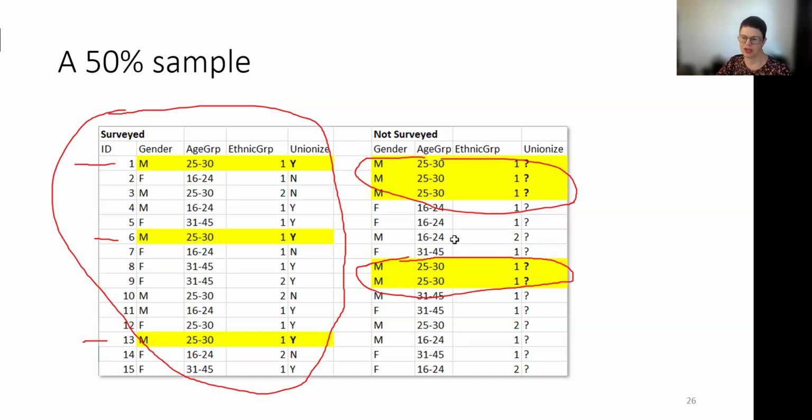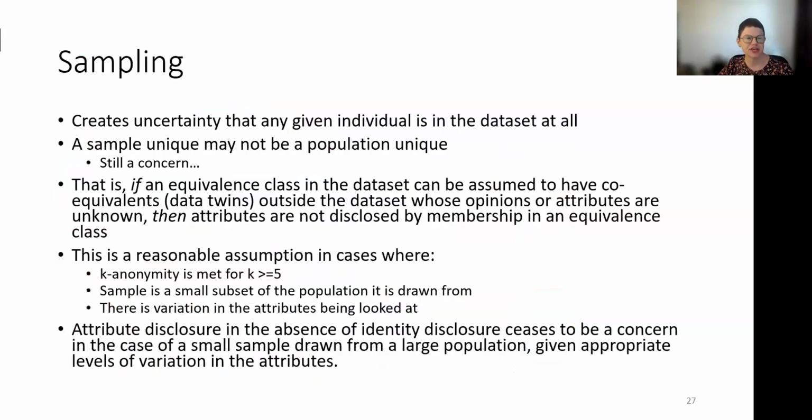So assuming an observer is not knowing whether an individual is in the published data, being in this equivalence class no longer definitively reveals anyone's confidential information. So sampling creates uncertainty that any given individual is in the data at all. A sample unique may or may not be a population unique.